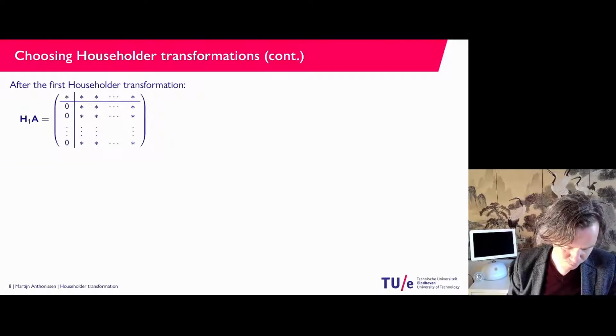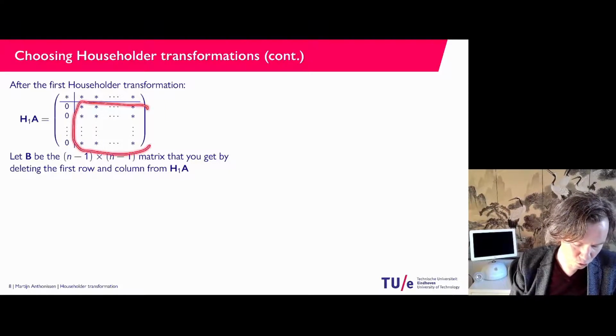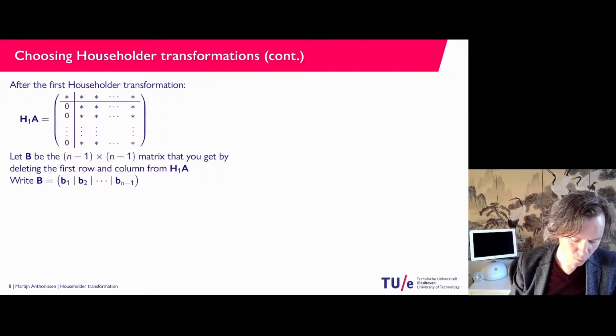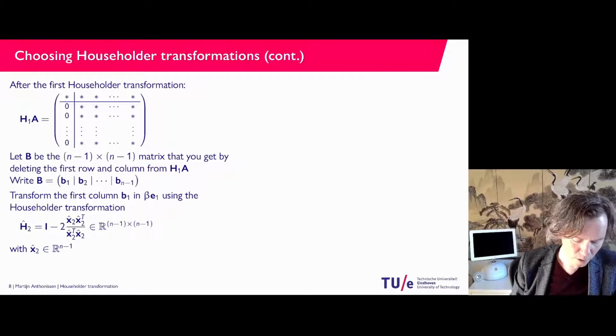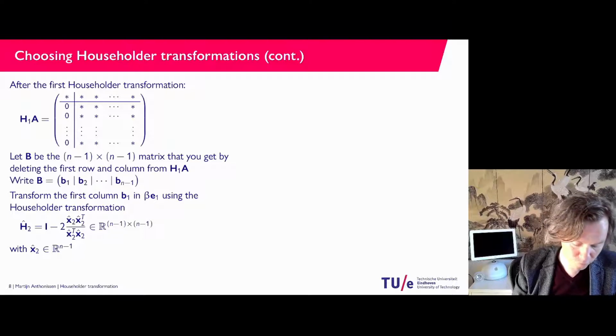So what we do, we call this thing that we still need to work on capital B. We write capital B in terms of its columns. Then we transform the first column just like we did on the previous slide, in beta E1, and beta, the value, is the length of this column here.